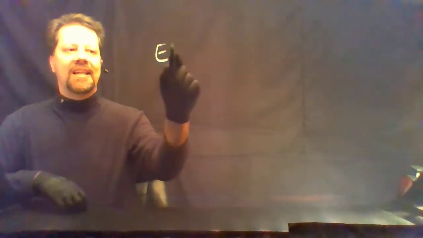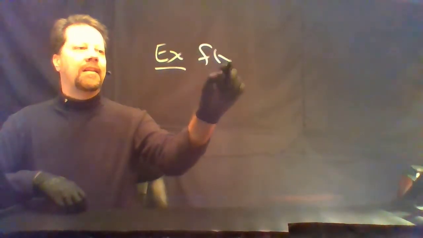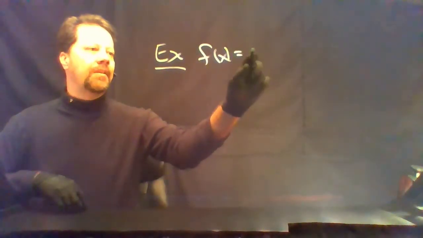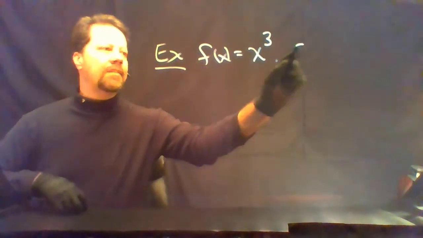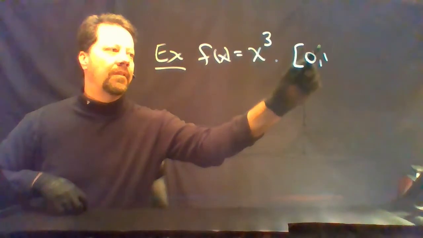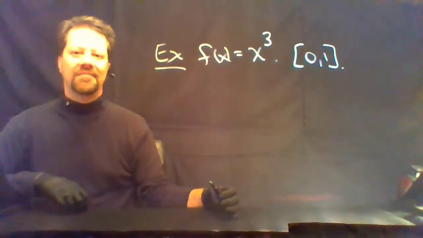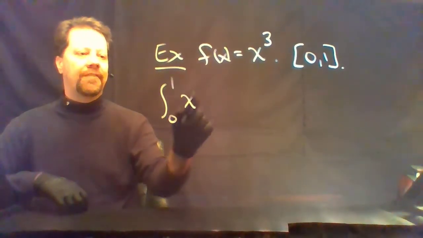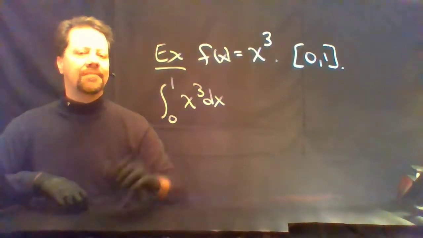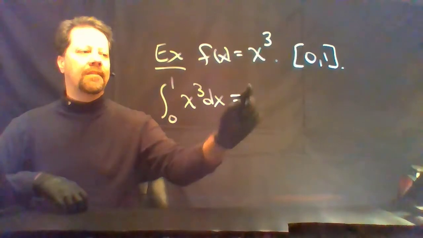Let's do an example. Let's look at f of x equals x cubed, and let's look at the interval 0 to 1. The integral from 0 to 1 of x cubed dx is what we want to find.